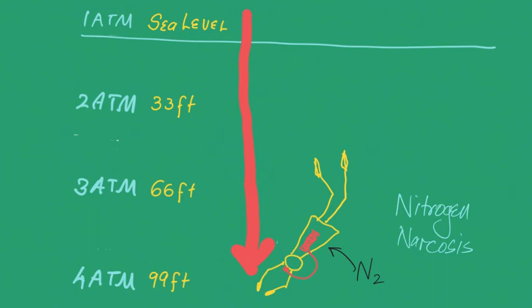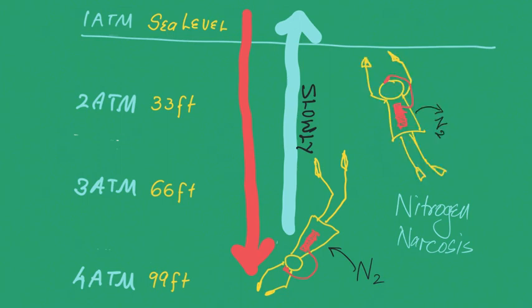This is important because this allows time for the nitrogen to slowly leave the tissues as the pressure keeps decreasing. As the pressure decreases, the solubility of nitrogen also decreases, so it comes out of the body slowly.